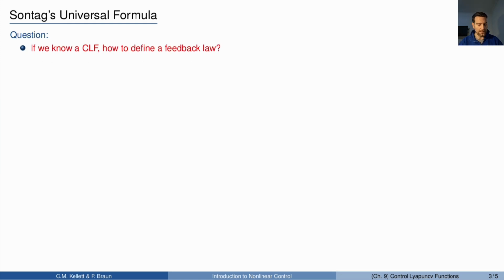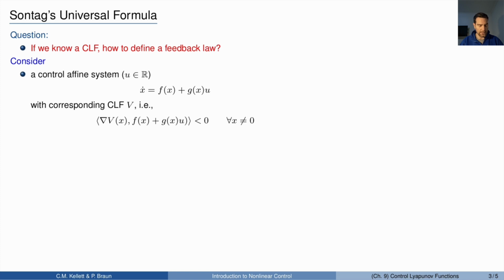But that also leads us to the first question that needs to be answered in this context. If we know a control Lyapunov function V, what is a good way, or what is a common way in the literature, to define a corresponding feedback law? So let's get started. We assume that we know a control Lyapunov function. Additionally, here we focus on a specific form of a dynamical system.